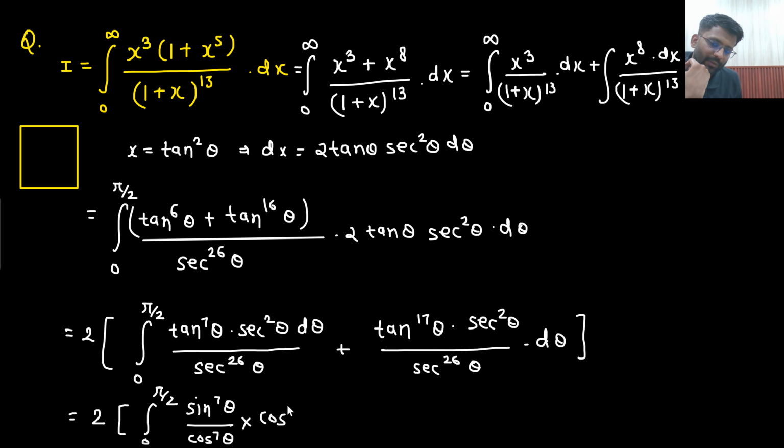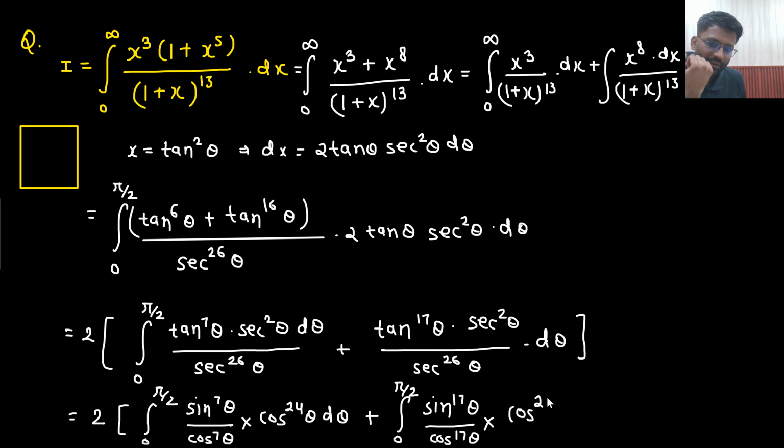So upper side it will become cos to the power 24 theta dot d theta, right? Downward sec to the power 24 theta would become cos to the power 24 theta. Plus 0 to pi by 2, sine to the power 17 theta divided by cos to the power 17 theta, cos to the power 24 theta dot d theta.